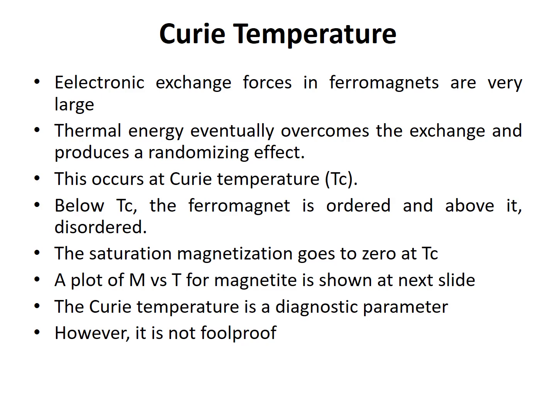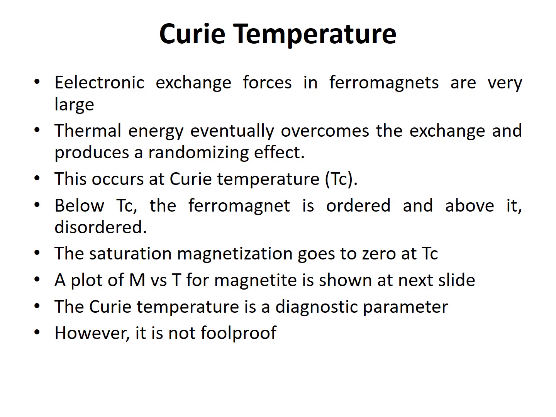The saturation magnetization goes to zero at the Curie temperature. A typical plot of magnetization versus temperature for magnetite is shown in the next slide. The Curie temperature is an intrinsic property and is a diagnostic parameter that can be used for mineral identification. However, it is not foolproof because different magnetic materials in principle can have the same Curie temperature.